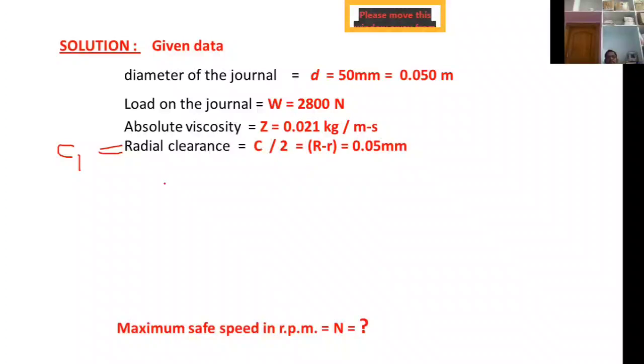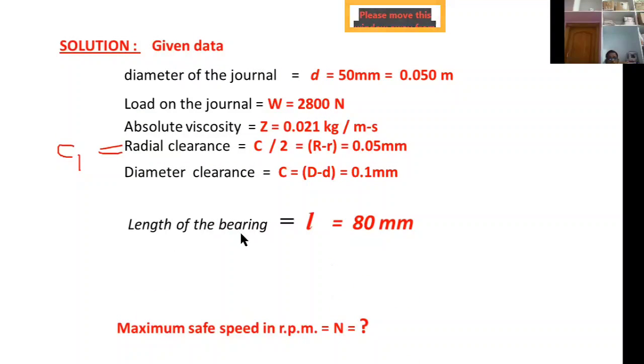Capital C equal to capital D minus small d equal to 0.1 mm. Now the length of the bearing also given, that is L equal to 80 mm.